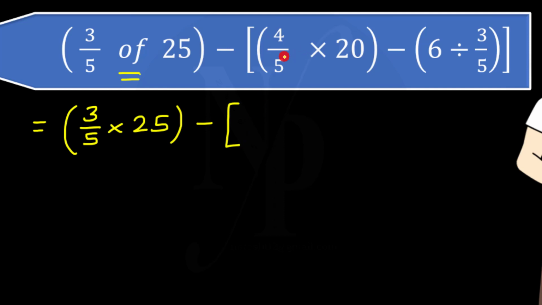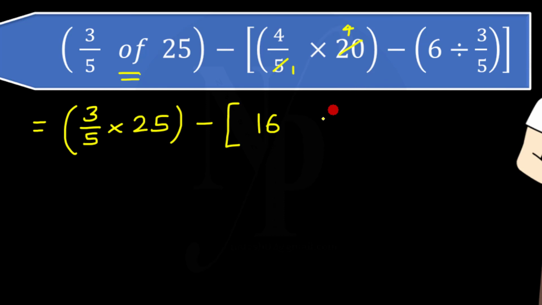Looking at the terms within this small brackets, we have 4 by 5 into 20. Here 20 is the numerator and which can be divided by 5. On doing so, what I get? 5 1s are 5, 5 4s are 20. On multiplying 4 by 4, so 4 into 4 is 16.